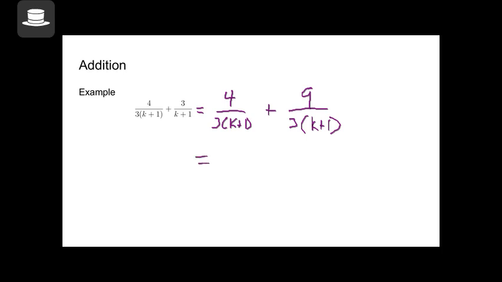Now I can just do my basic arithmetic and just add across the numerators. So 4 plus 9 is 13, divided by 3 times k plus 1. Here would be a time I would want to check and see if I can reduce this any. 13 and 3 do not have any common factors, so therefore that is simplified as possible.